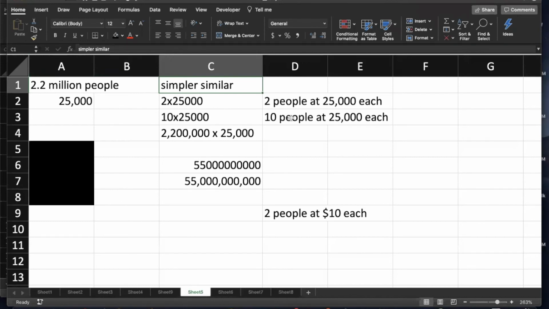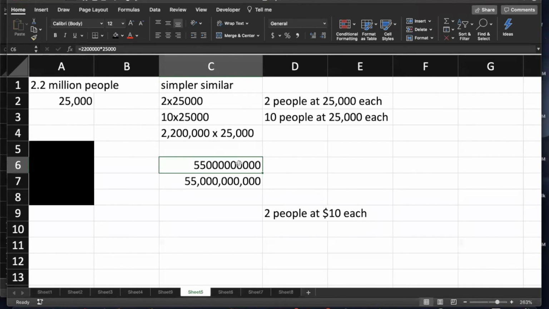And so I hope that by making the first number smaller, it helps you think, oh, okay, well, if 2 people both cost $25,000, then I'm talking about $50,000. And that leads you to thinking about the fact that it's multiplication. So again, simpler, similar, it's just a general problem solving strategy that you can use in any context. Doesn't have to be a math class. You're already probably using it when you solve problems in your life.